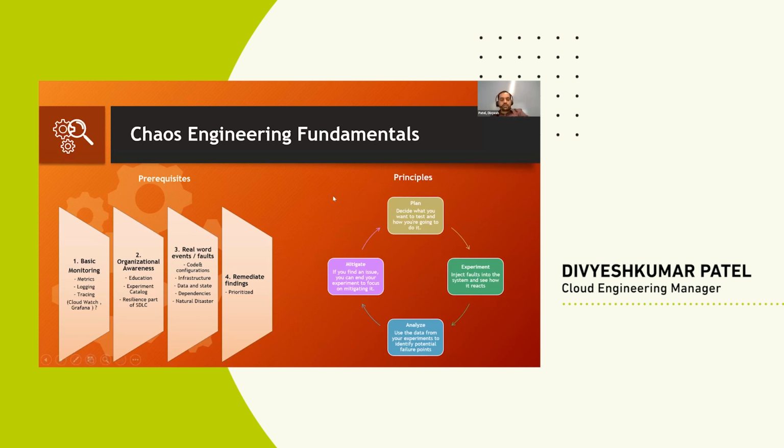This is a four-step process, and it's a cycle. It's not a one-time activity. It's a continuous process that you need to do continuously to achieve the desired goal. So starting with the plan, right? In the plan, you decide what system you want to attack, or which system you want to test as part of your chaos engineering.